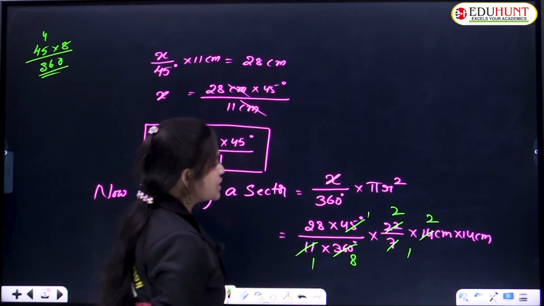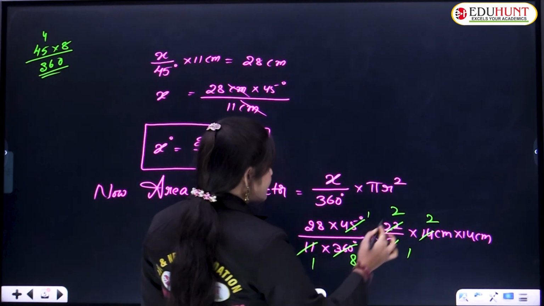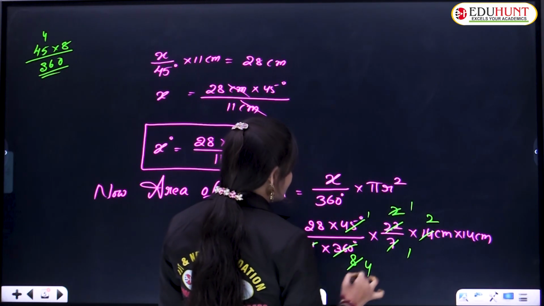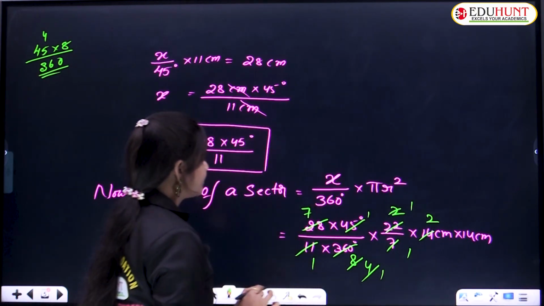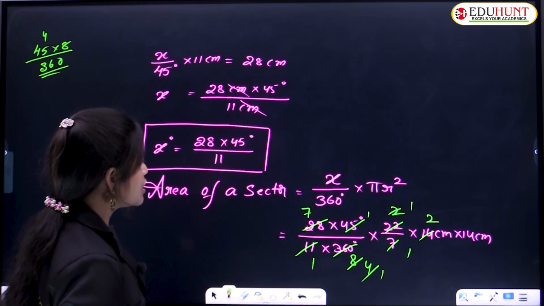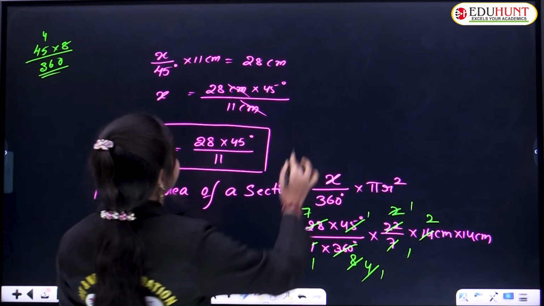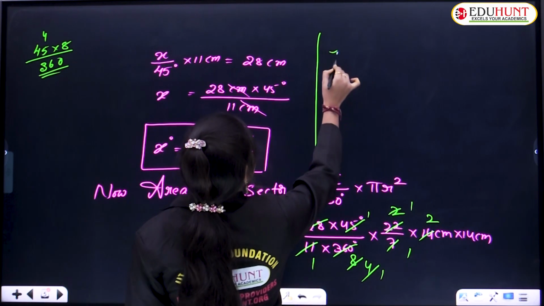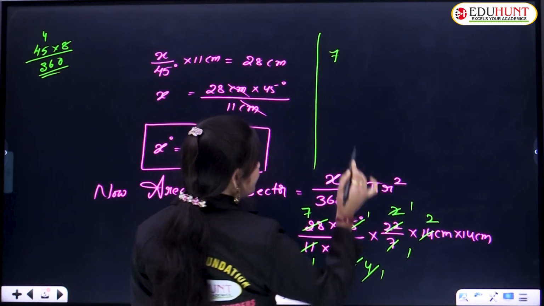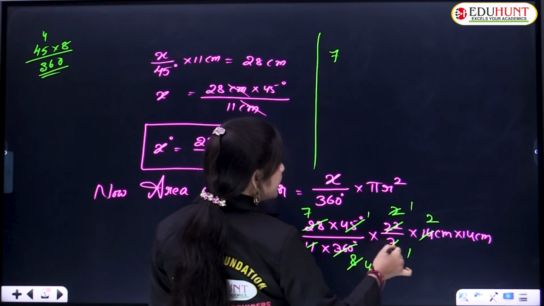Next, any other cancellation here? Yes, 2 ones are 2, 2 fours are 8, 4 ones are 4, 4 sevens are 28. Is there anywhere cancellations possible here? Yes, completed.